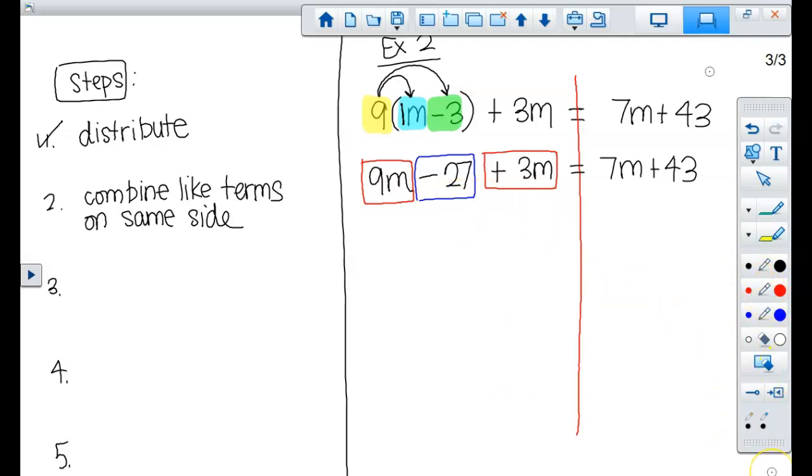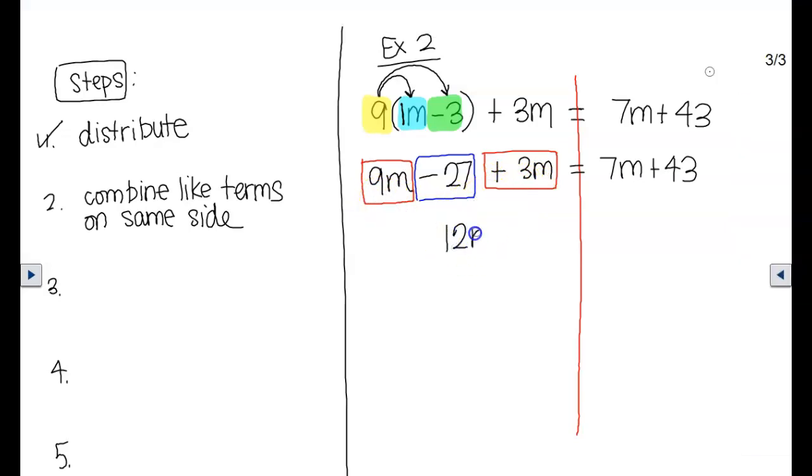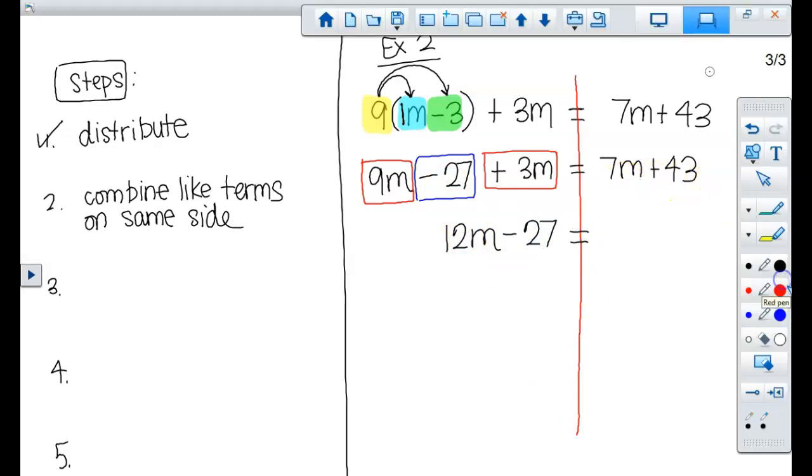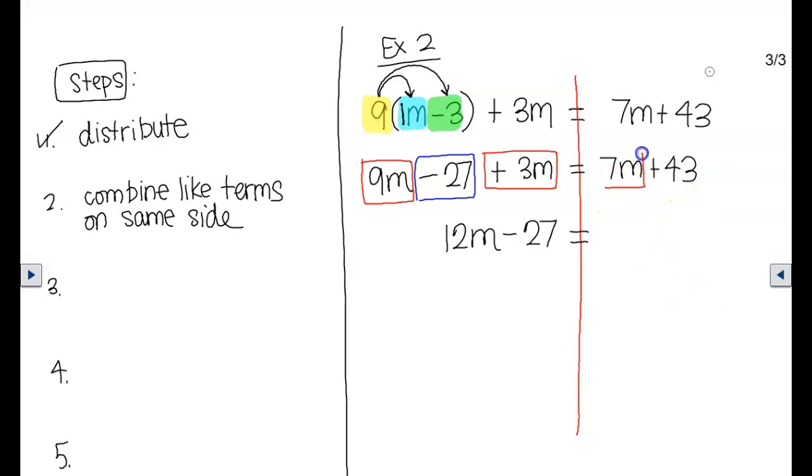So let's combine these like terms. For the m's, for the red boxes, we're going to do 9 plus 3. 9 plus 3 is 12, so that gives me 12m. And then I'm just going to bring down that minus 27. All right, now let's check this side for like terms. We have 7m.